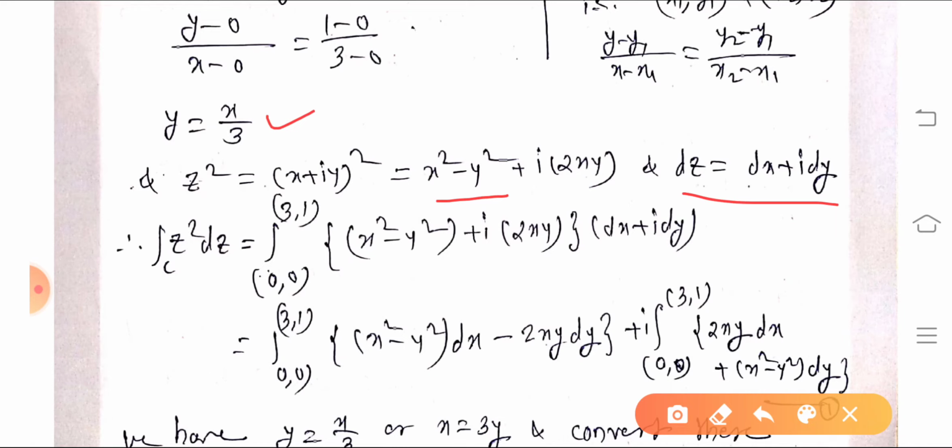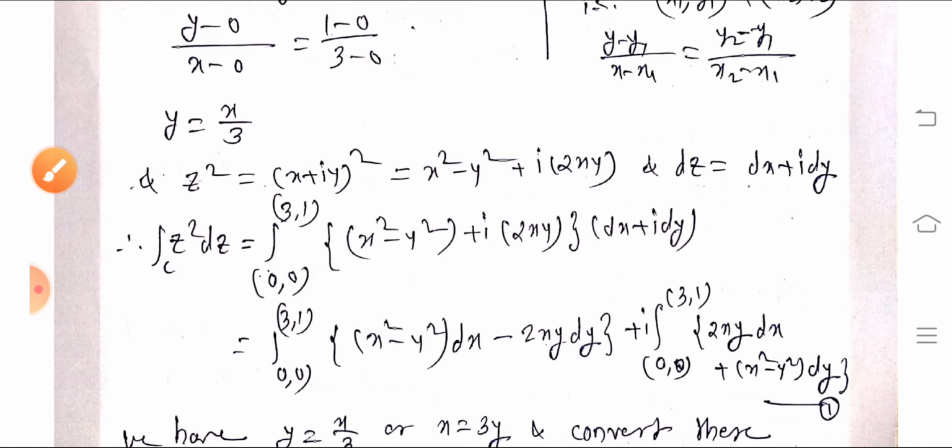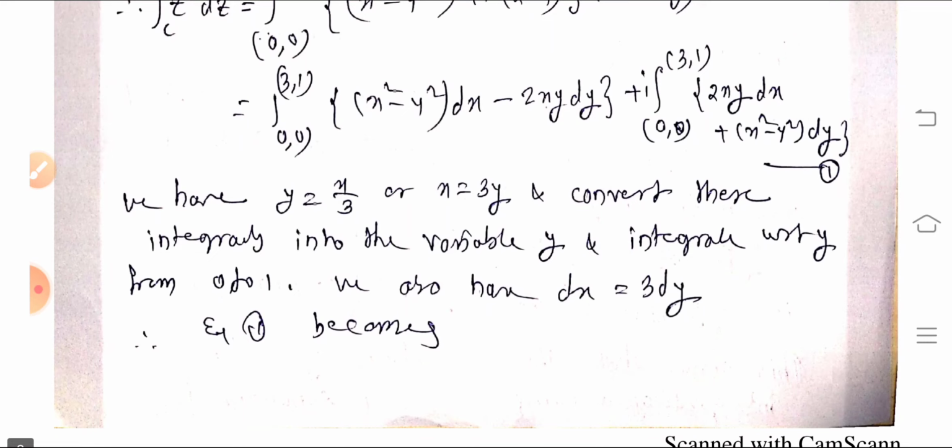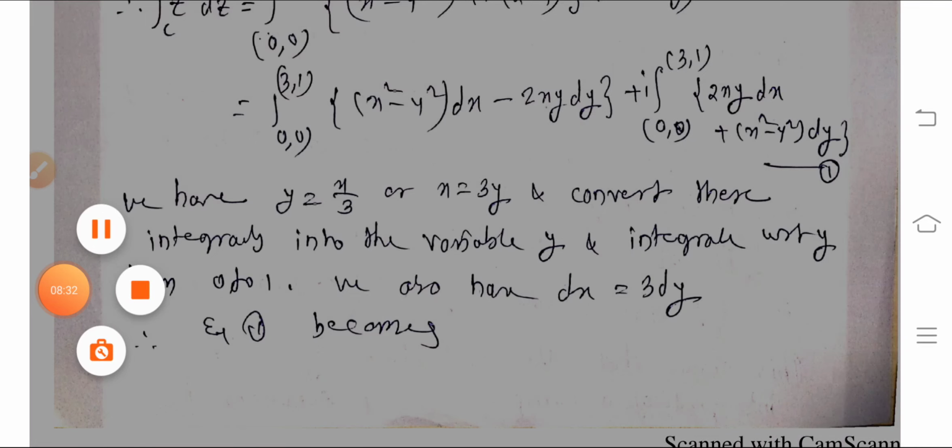Then the integral should be in terms of x alone. Since y equal to x by 3, or x equal to 3y, we convert these integrals into the variable y, taking any one of the variables and integrating with respect to y.